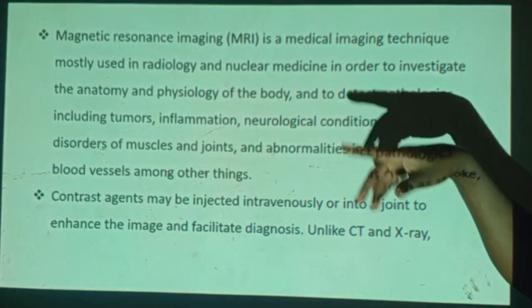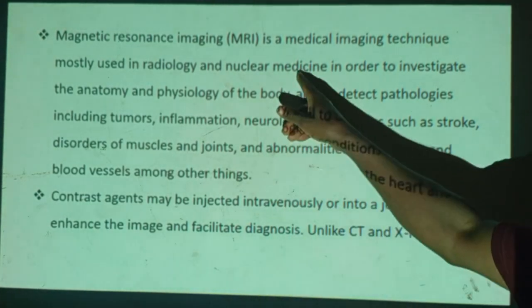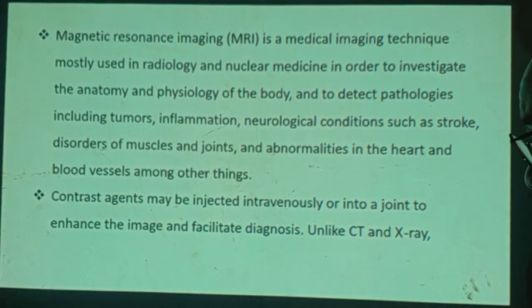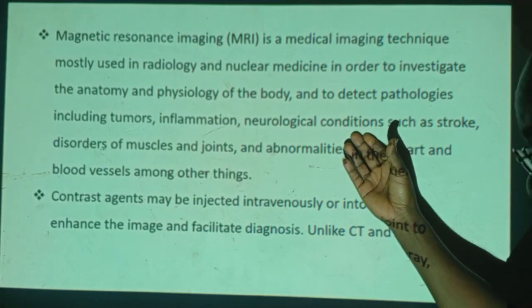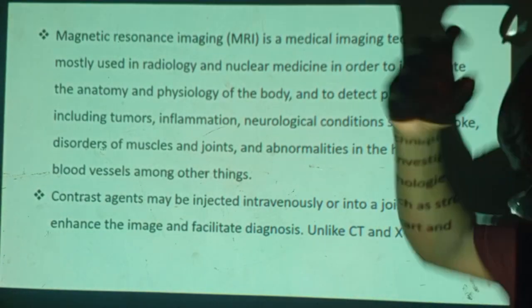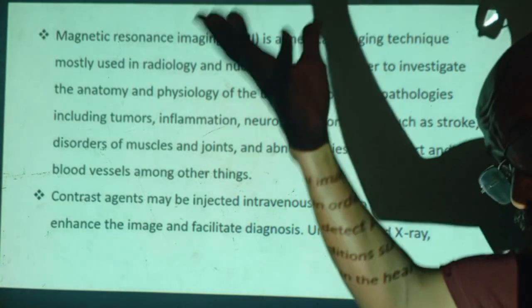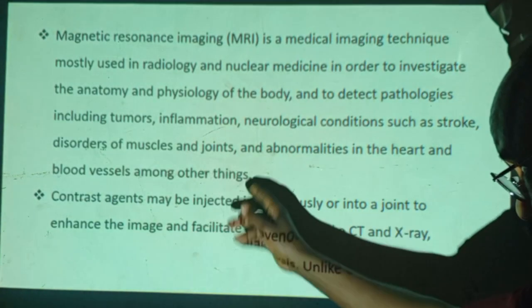Magnetic resonance imaging is a medical imaging technique mostly used in radiology and nuclear medicine to investigate the anatomy and physiology of the body, to detect pathologies including tumors, inflammation, neurological conditions, and nerve problems such as stroke disorders. If there is a stroke, a breaking of a blood vessel here and clotting of blood here, it can tell you by taking an image. Blood vessels, among other things.